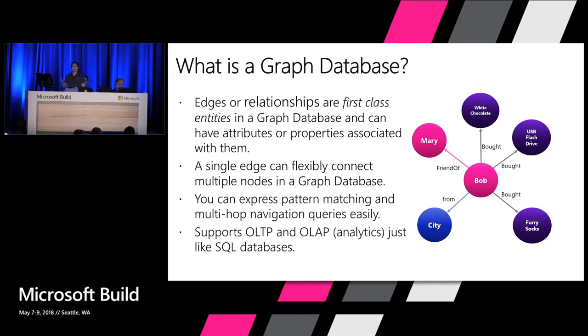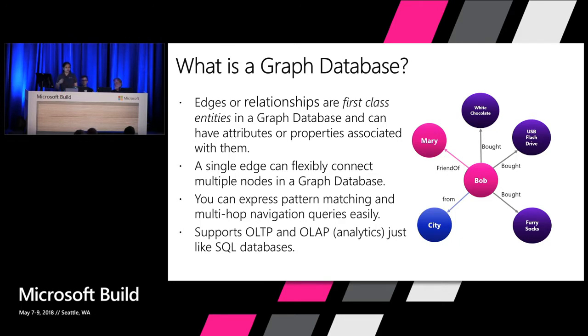For example, if you have a Facebook-like graph and you have a person node and a likes edge, you can use the likes edge to connect a person to another person. That means a person likes a person. Or you can use the same likes edge to connect a person to a restaurant or an organization. So it's heterogeneously connecting different types of nodes to each other.